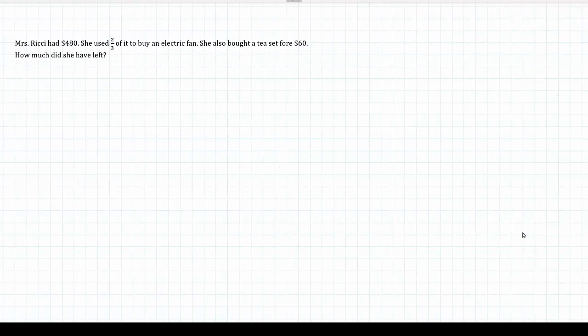Let's start our final exercise. Miss Reese has $480. She used 2/3 of it to buy an electric fan. She also bought a tea set for $60. How much did she have left?